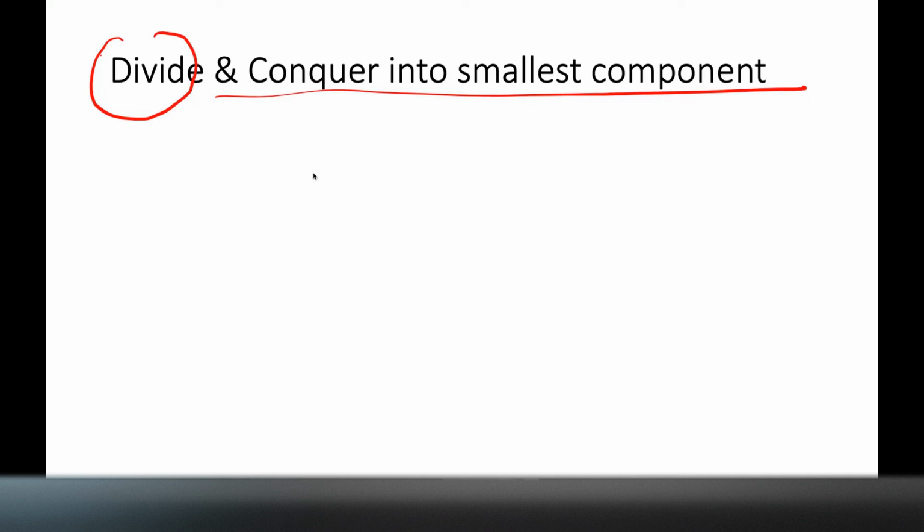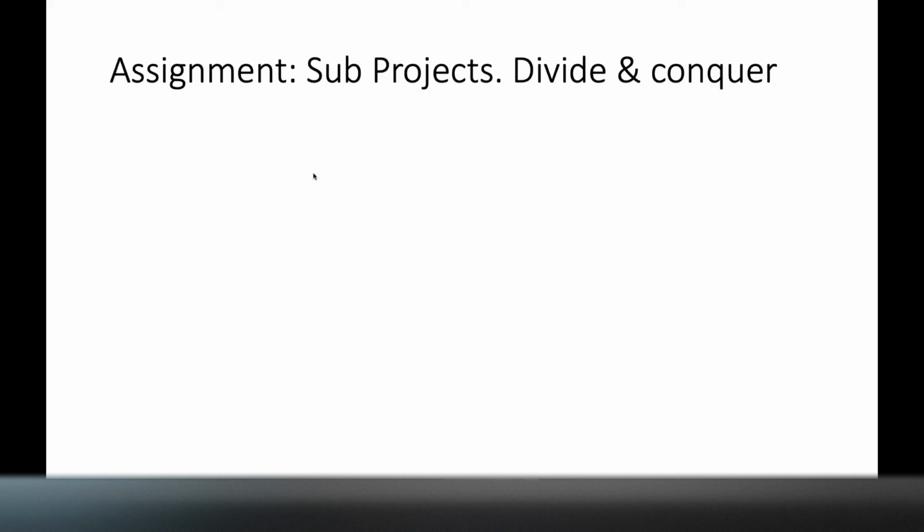Which software we are going to use for the further things, I'll tell you afterwards. So another assignment is, your keystone project needs to be divided into the smallest of subcomponents. Is that clear? Any questions until now?